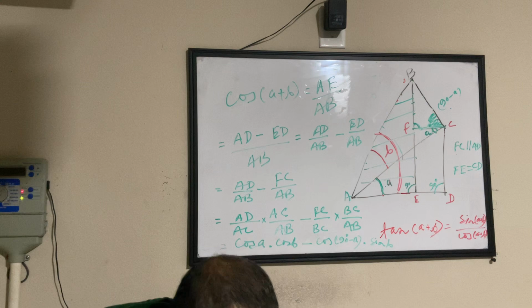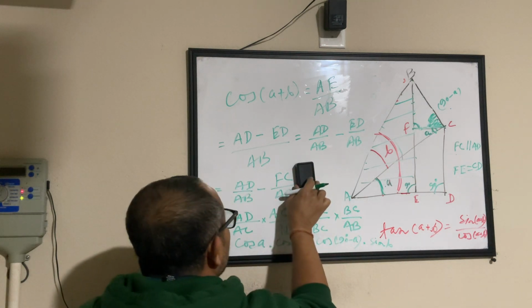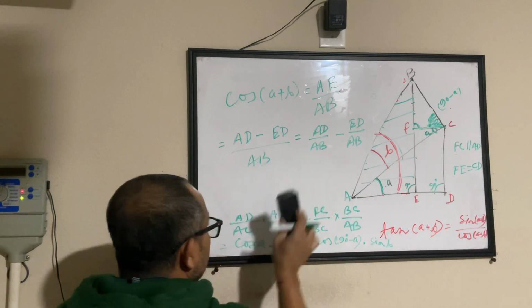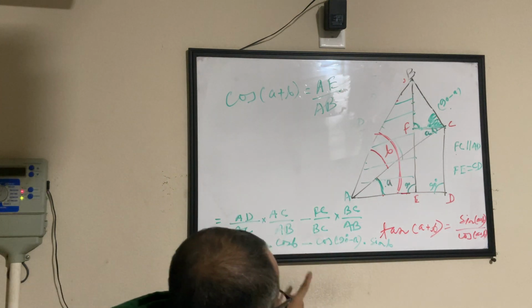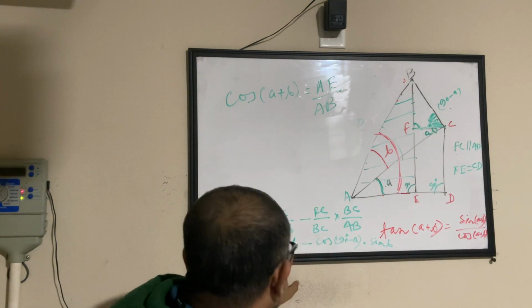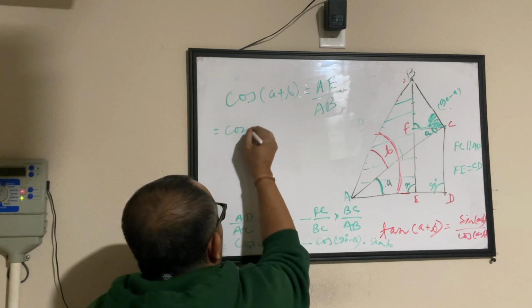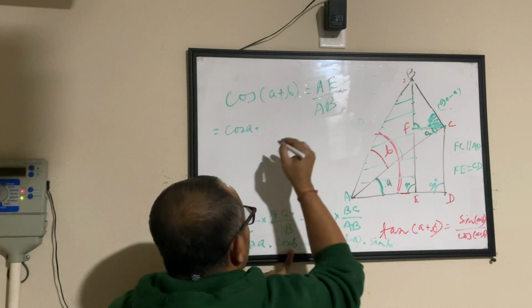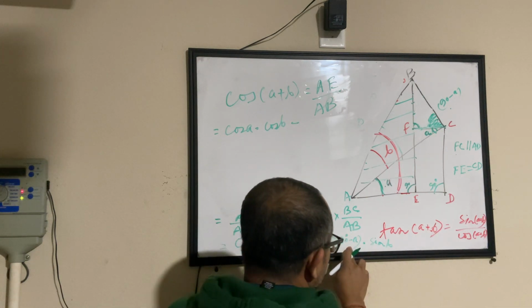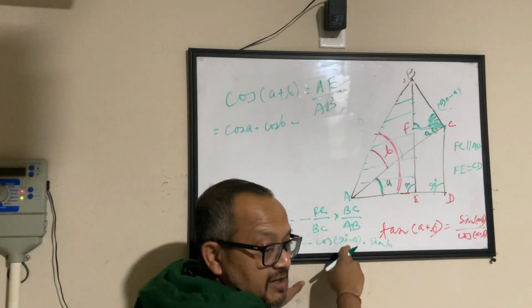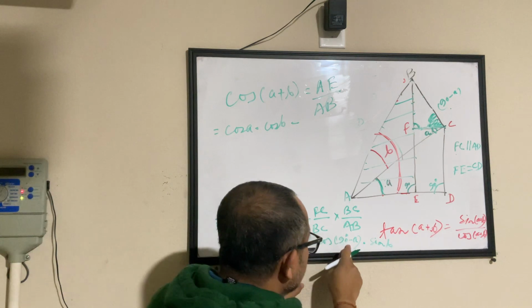So if I move this equation's value here, let me create some real estate here. This equals cos of A times cos of B minus cos of 90 degrees minus A times sin of B. This is the rule of complementary angles: cos of 90 degrees minus theta is sin theta.